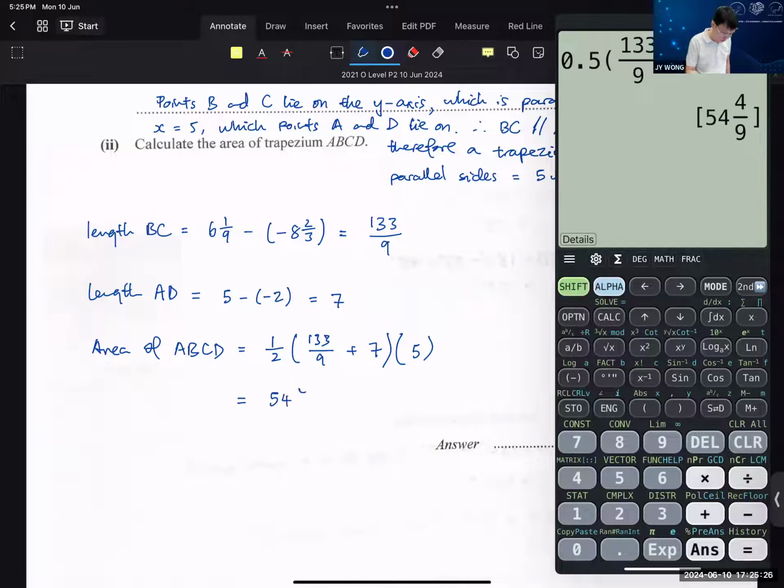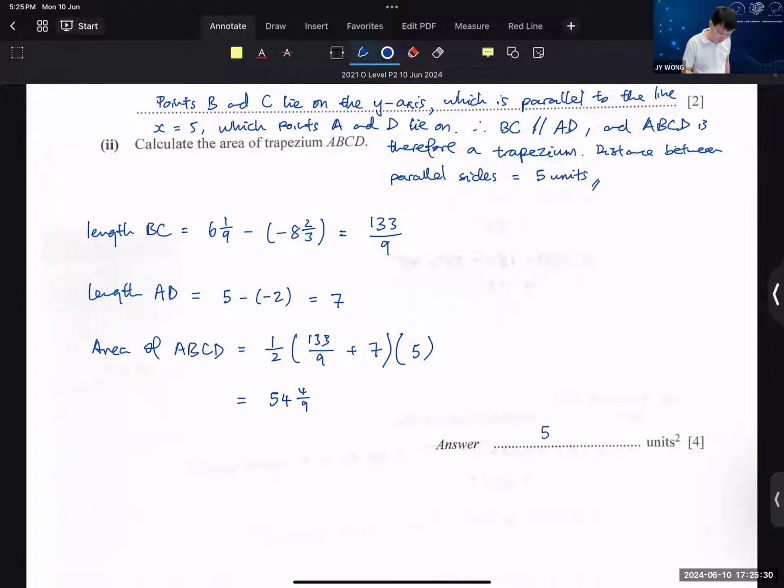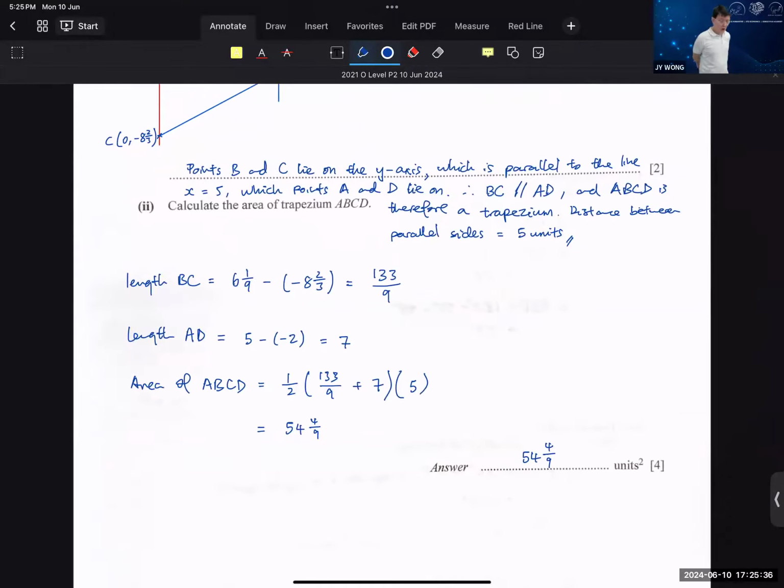So 54 and 4 out of 9. So to compensate for how much you need to write for part 1, they give you 4 marks for part 2 like this. So I guess it's a fair exchange.